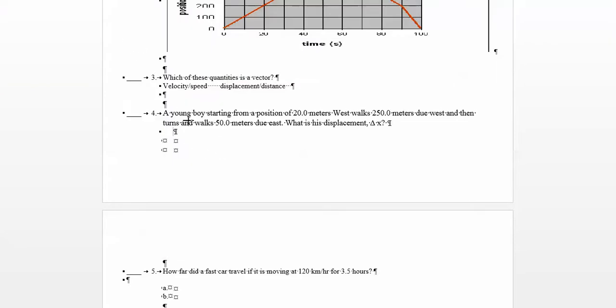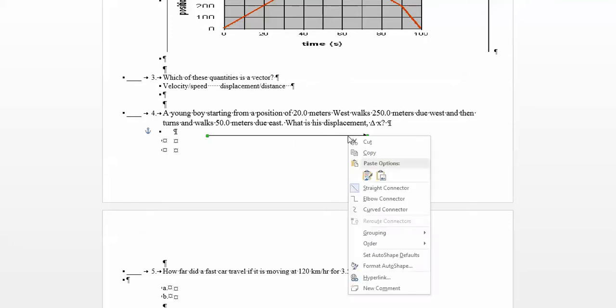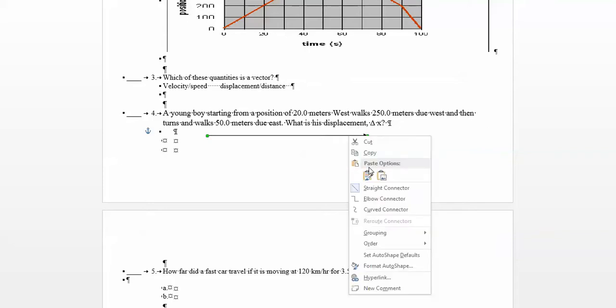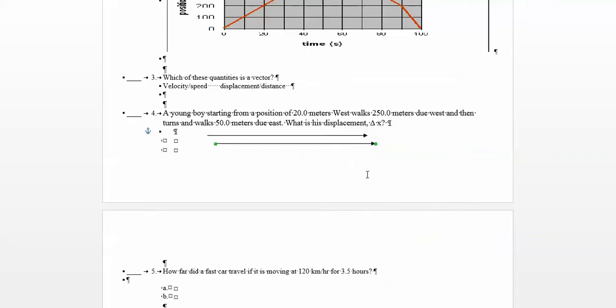We'll start at a certain point. Then he's going to walk 250 meters due west. Now this isn't going to be exactly to scale, but then he's going to walk back east. Copy, we'll paste this. So he's going 250 meters west.